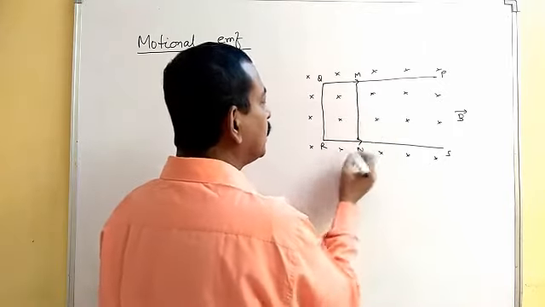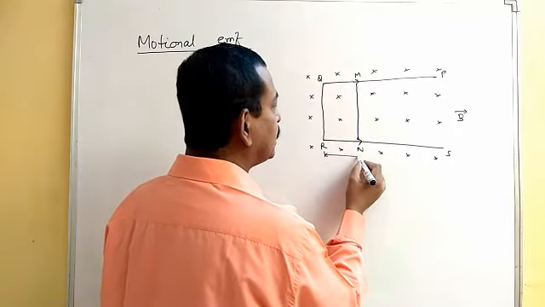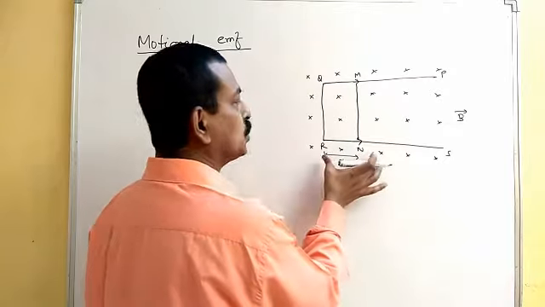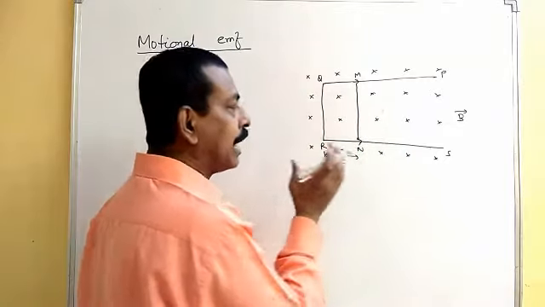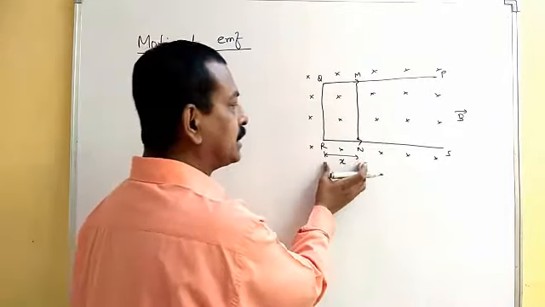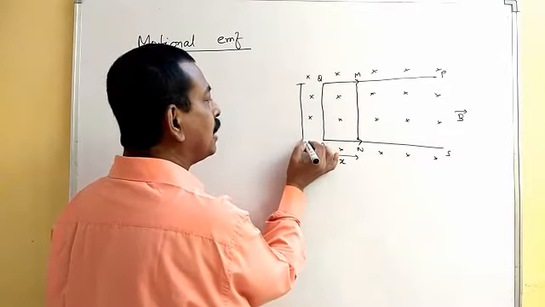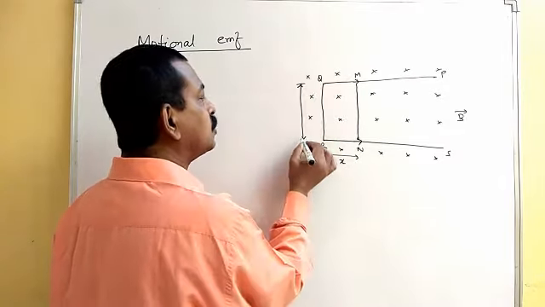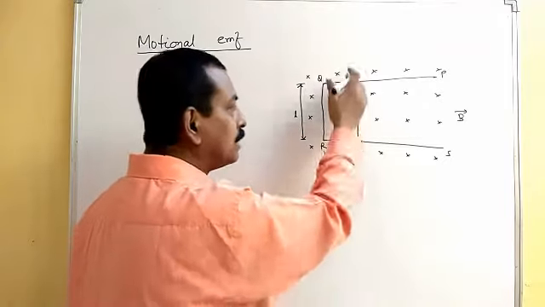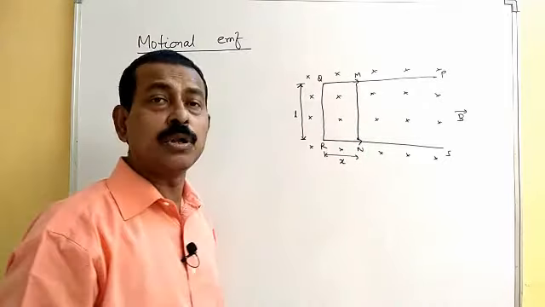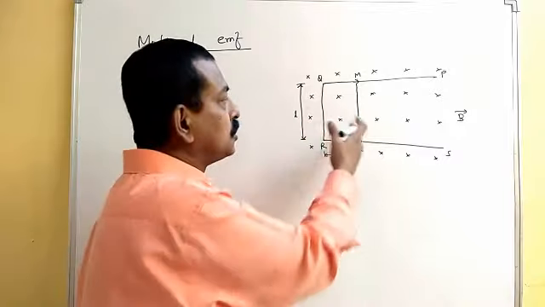Now suppose MN at any particular position is at a distance x, and the distance between the parallel tracks is L. That is also the length of this rod MN.